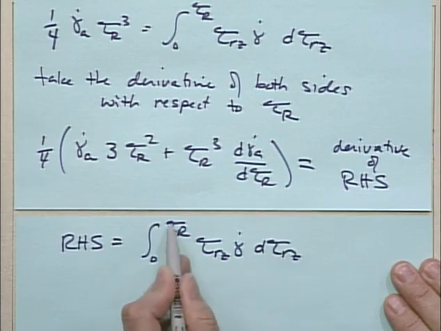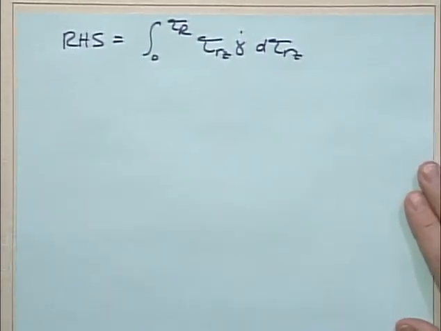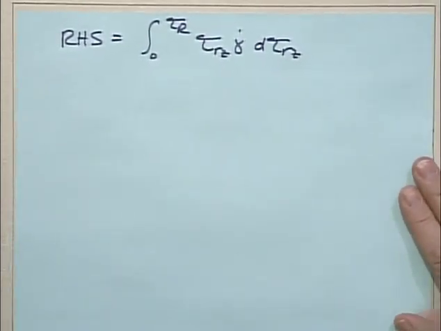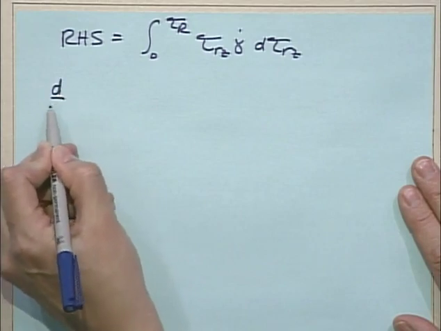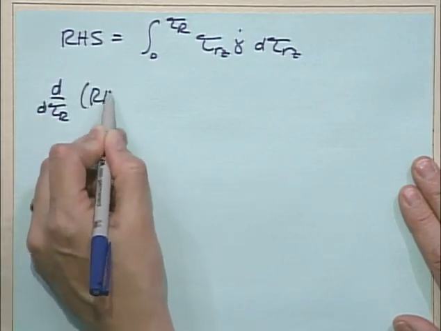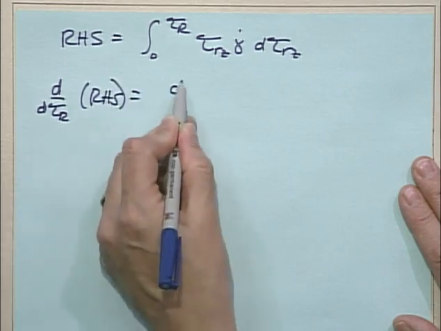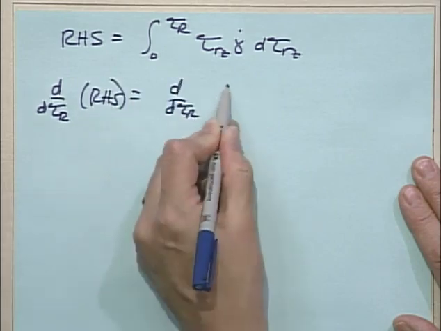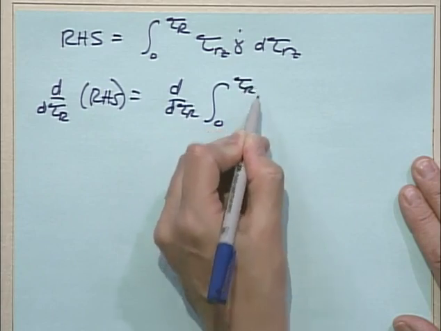There's tau r only in the limits. So Leibniz rule says when we take the derivative with respect to tau r of this right-hand side, it's d tau r of this integral.